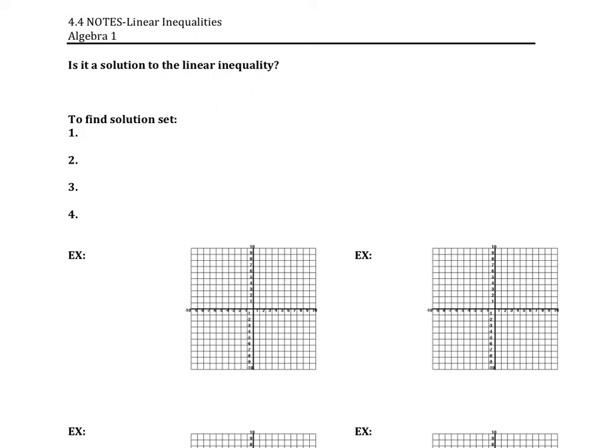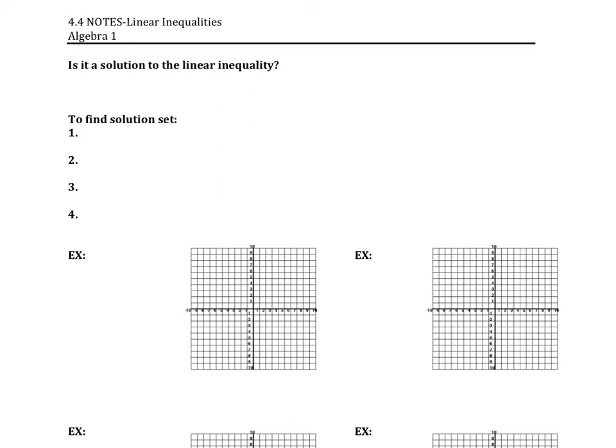So an inequality, or a linear inequality, really looks very similar to a line. The difference is that it has an inequality symbol in it. So if we want to find a solution to an inequality, it looks a little different than it would if it was an equation, because if it's an equation, the solutions are every point on the line.